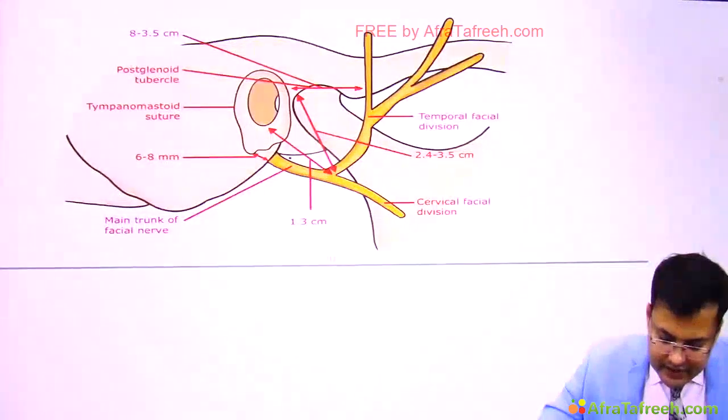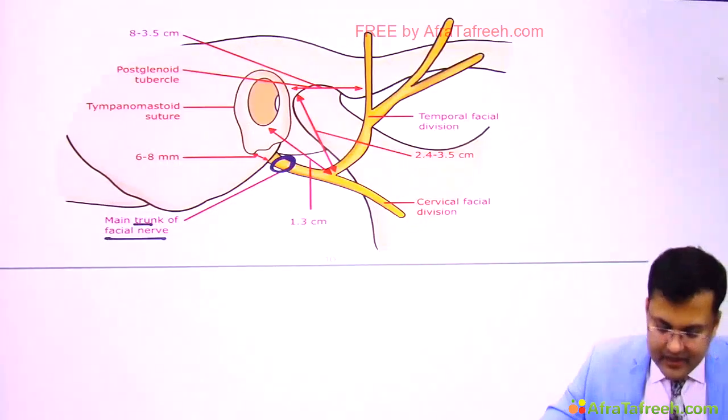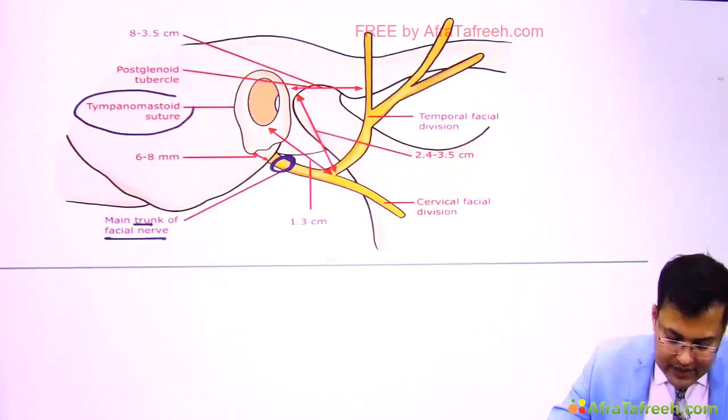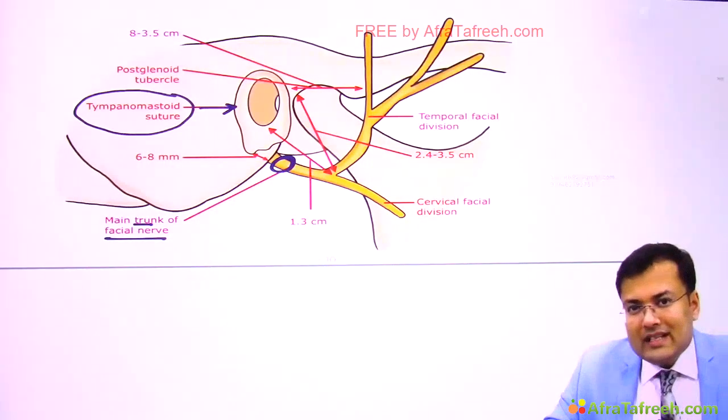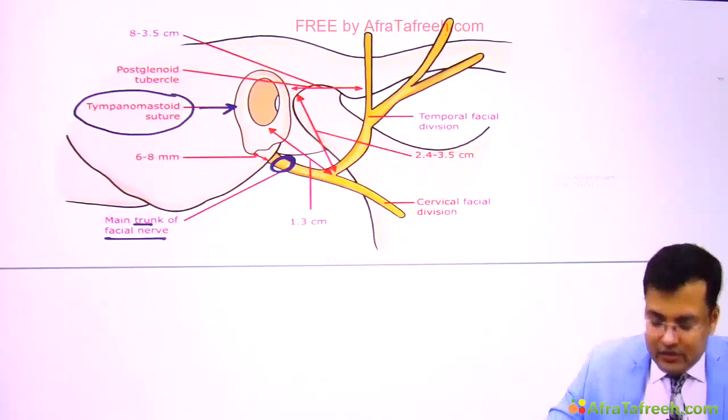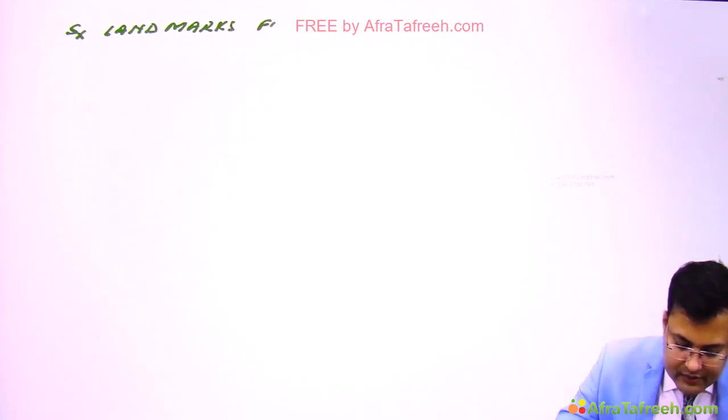Here you can see this is the main trunk of the facial nerve, clear? And this is the tympanomastoid suture, clear? So the tympanomastoid suture is the most constant landmark for the facial nerve. So what are the surgical landmarks for the facial nerve? First is the styloid process.